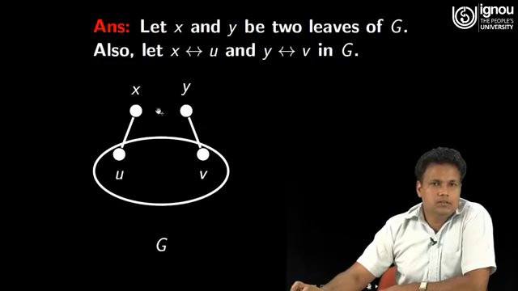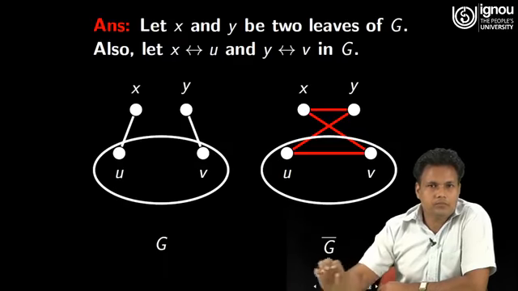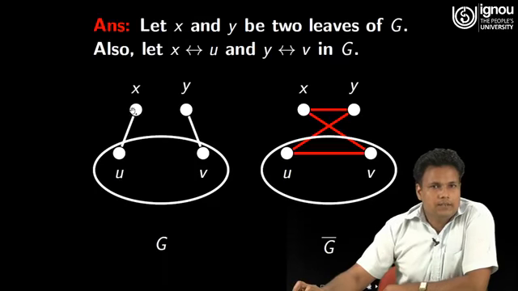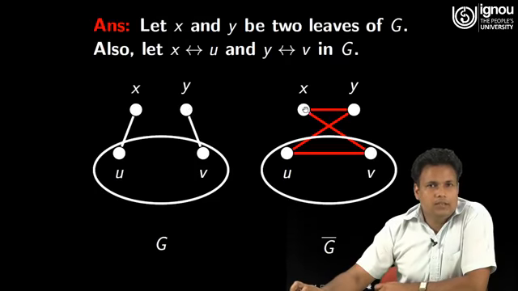Look at this picture. x and y are the 2 leaves, and u is adjacent to x and v is adjacent to y. Now, let us look at how these vertices look in G complement. So, this is the situation in G complement. If x and y are not adjacent here, then they would be adjacent here, and since the edge u y is not present here, u y is there.